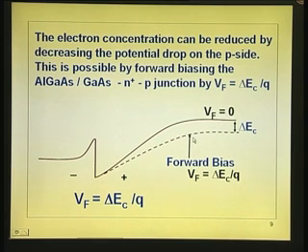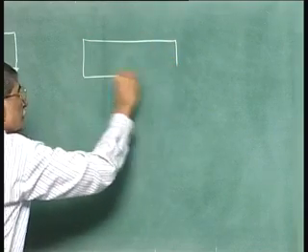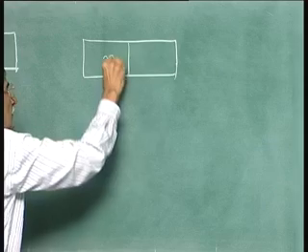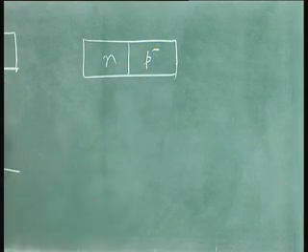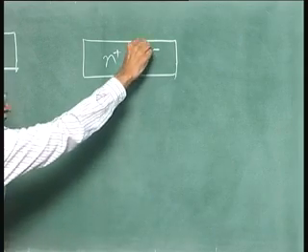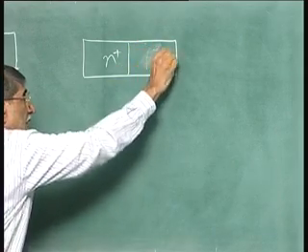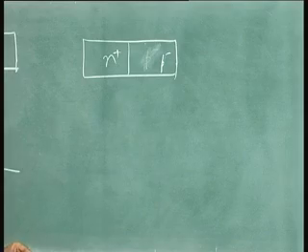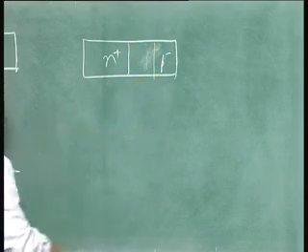It is just like this. If I have a p-n junction, p minus and n plus, the depletion layer is almost here. This is true in the case of homojunction.